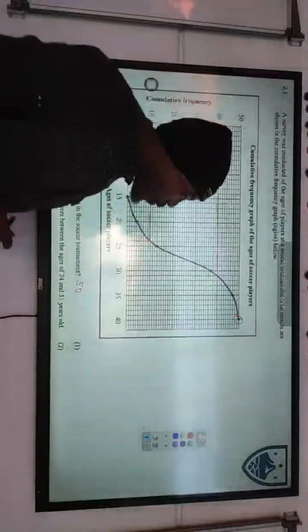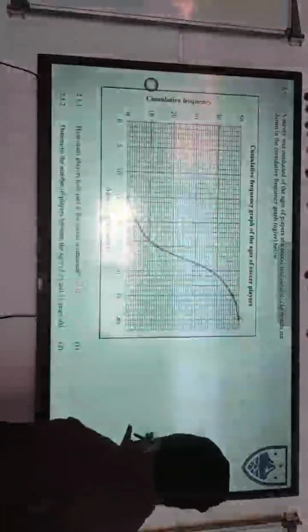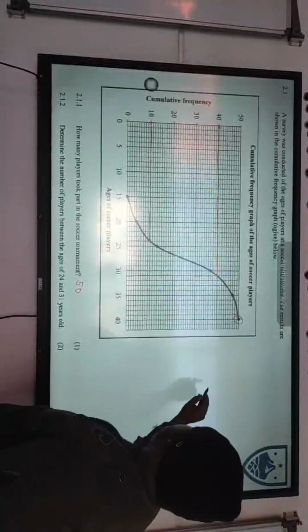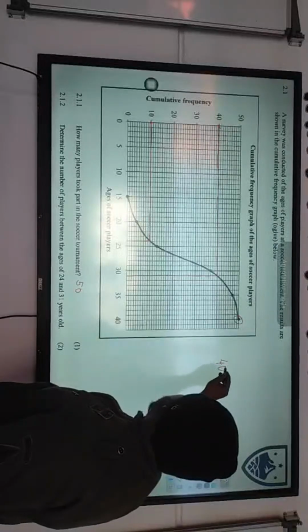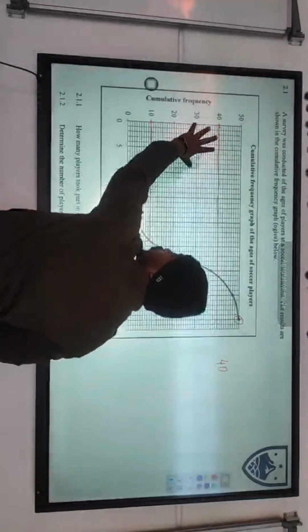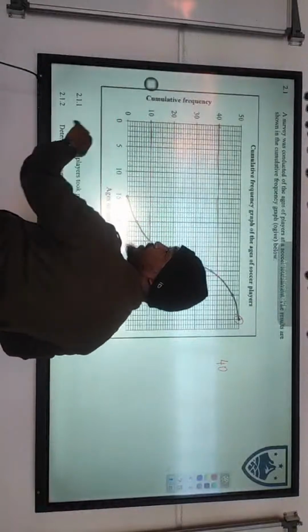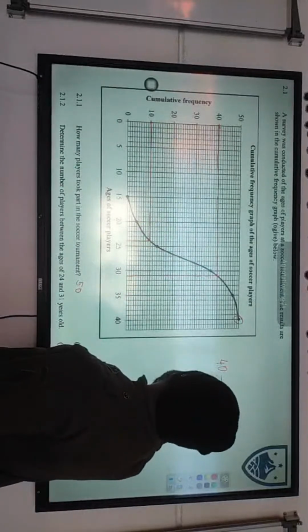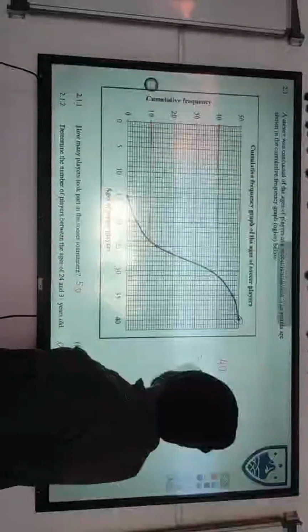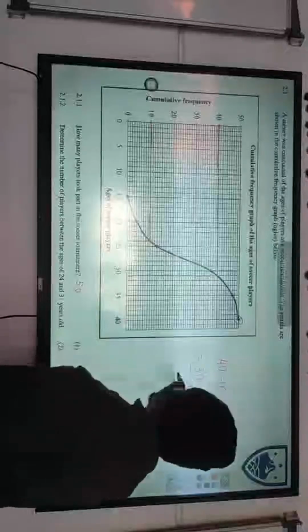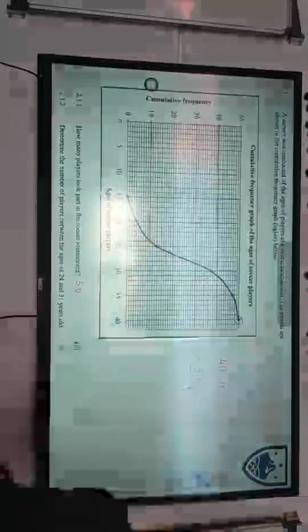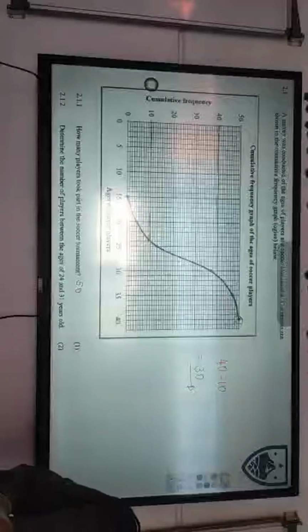So our answer will be 40, because the 40 has also included the other 10 that are below. So we subtract 10, and our answer will be 30.